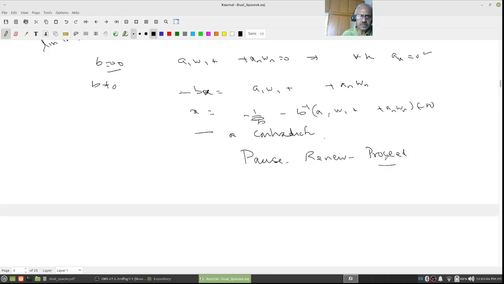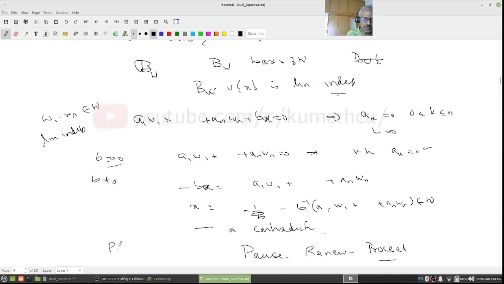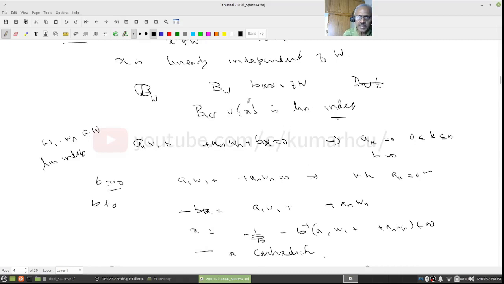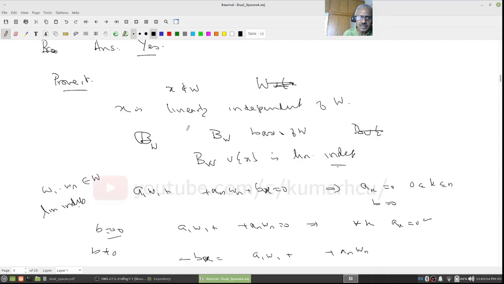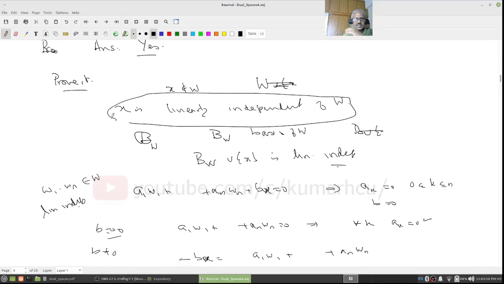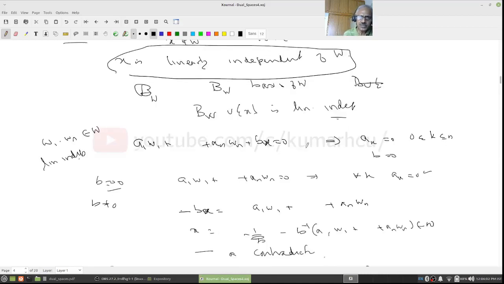The reason I went through the proof, you may think it's very obvious. The moment I said x is not in W, you may think this is obvious, but one has to understand what is the real meaning of that. What it means is, you give me any linearly independent set of W, that along with x still remains linearly independent. That is, x cannot be written as a linear combination.